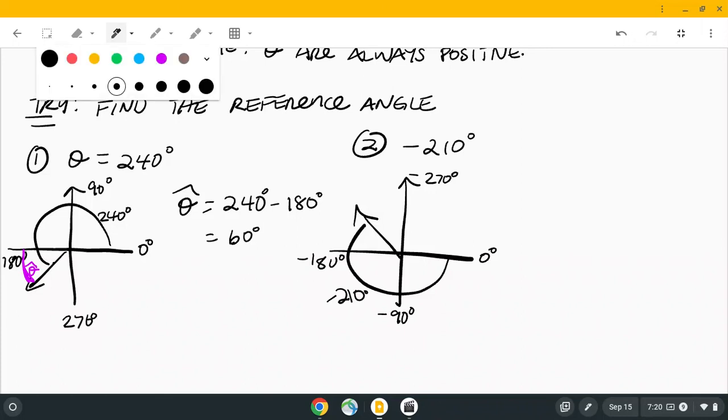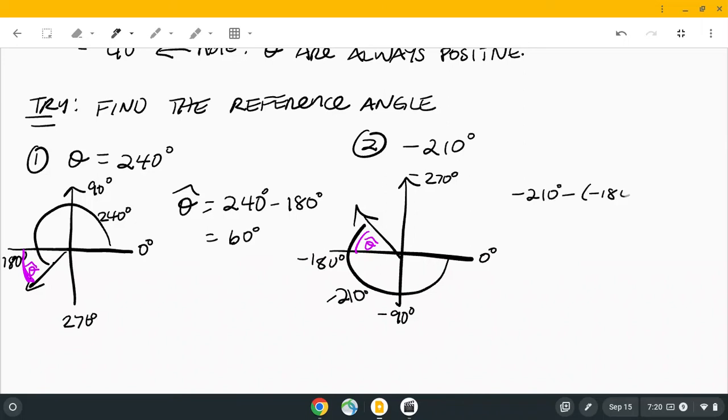And we want just that little sliver of an angle. This piece right here is going to be my theta hat. Okay, so I can see what I'm going to need to subtract here. So I am going to have to do negative 210 minus negative 180.